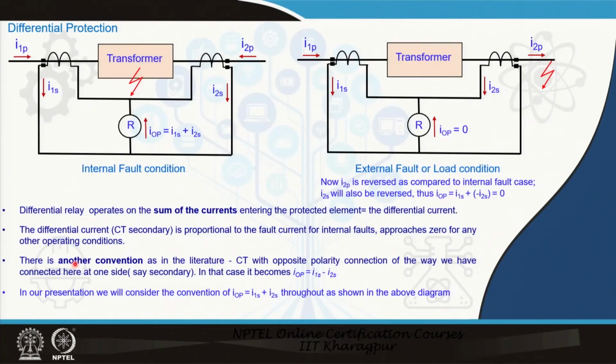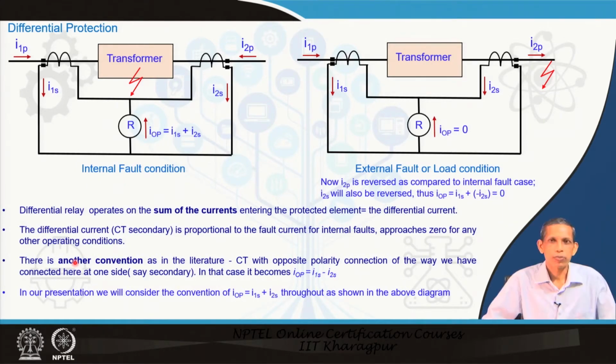So, in the last lecture we discussed differential protection and how the corresponding differential current is processed in the protection scheme. If you remember, if this is the transformer, we have CTs on the primary side, and here you can see on the secondary side also.